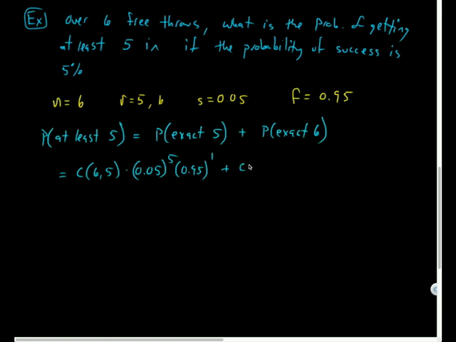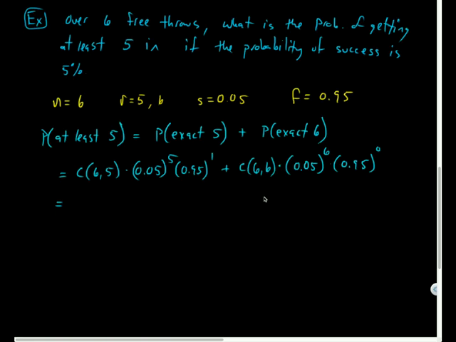But nonetheless, for the sake of this problem, let's pretend we're interested in that. So combo 6, 6, how many ways can I actually get 6 free throws in? Multiplied by 0.05 to the 6th, and then multiplied by 0.95, my number of failures, to the 0th. And I think you guys would agree that 0.95 to the 0 is going to equal 1. Right, so it's going to have no effect on that particular term.